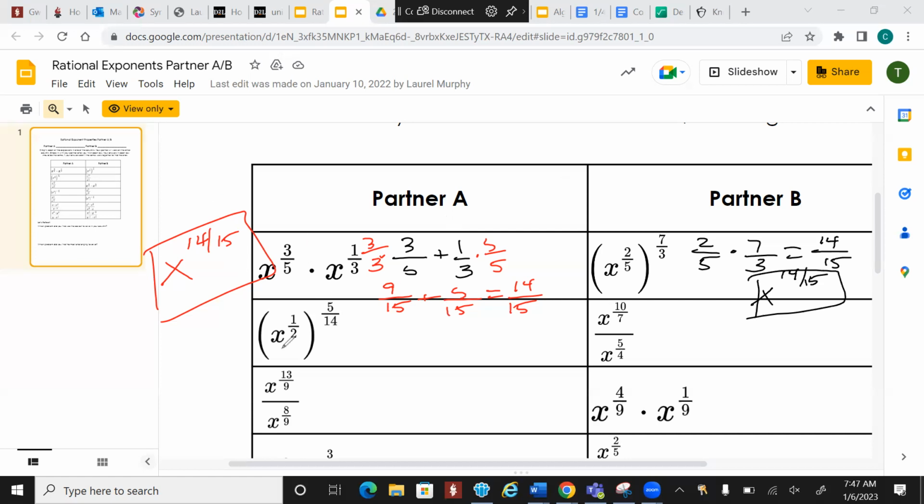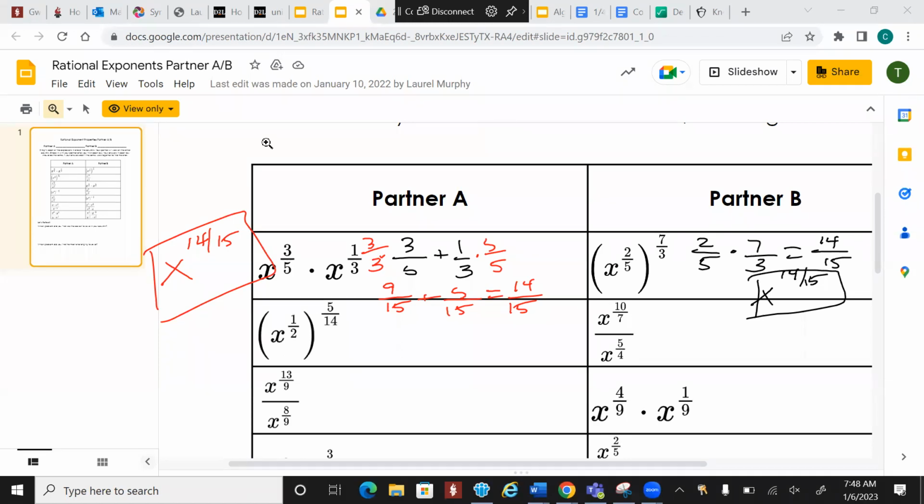What would I do on the next one, on partner A? Multiply. What would I do on partner B? What would I do on partner A down here? And then what would I do around here? Add. You can do those operations using that scientific calculator. Biggest thing is knowing which operation to do.